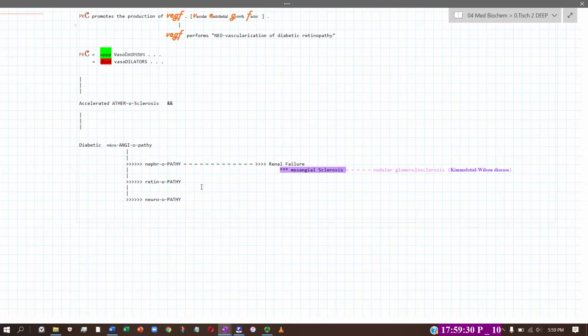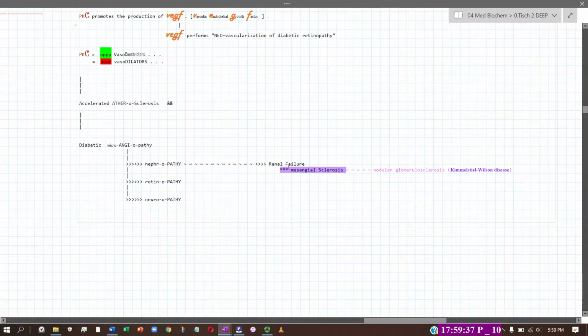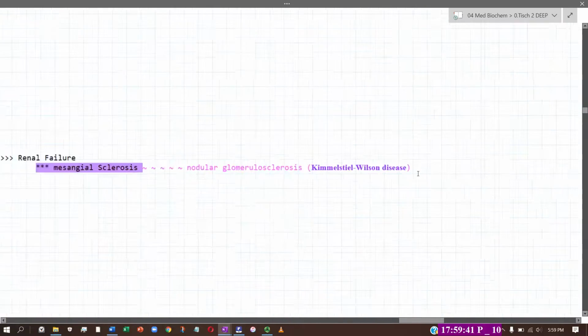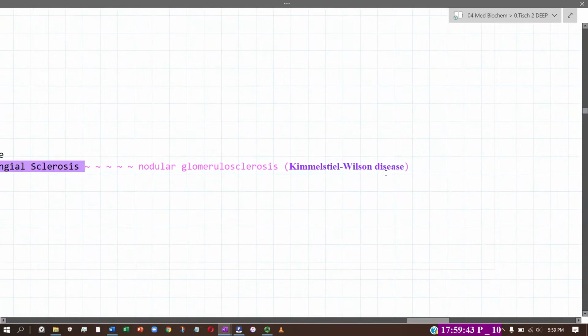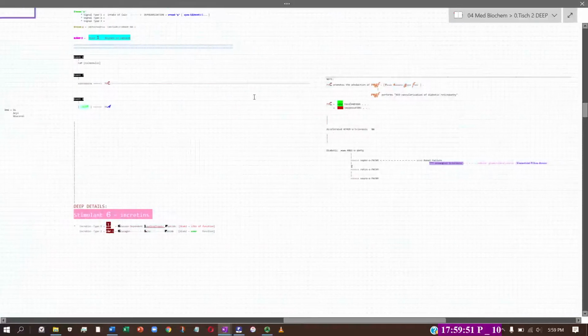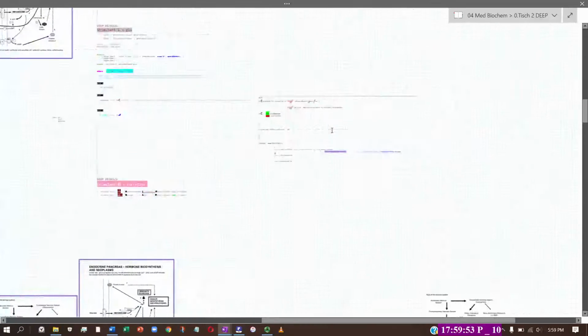Obviously this is related to the kidneys. And yeah, there you go, renal failure. All this is related. And then a specific disease name to start thinking about is Kimmelstiel-Wilson disease. We'll come back to that. Cool. That's it for that side note.